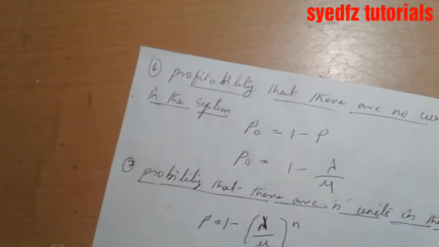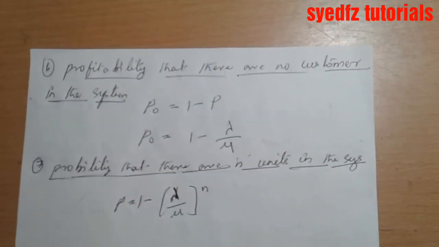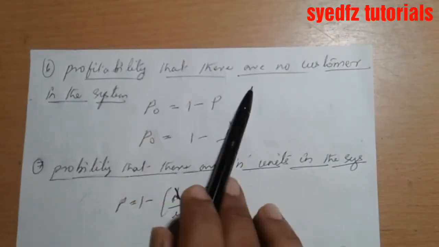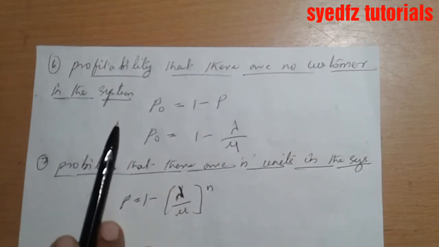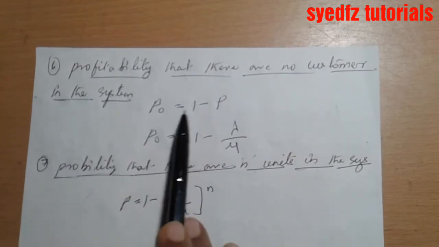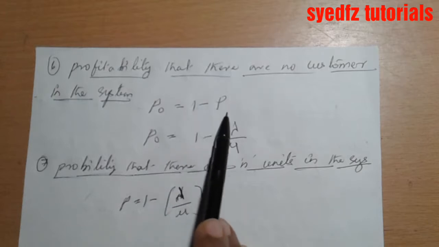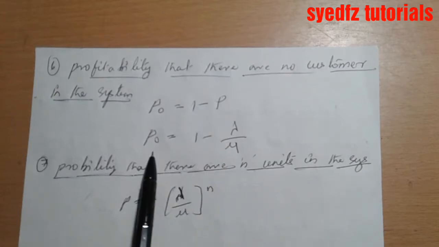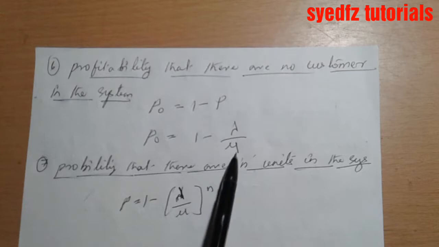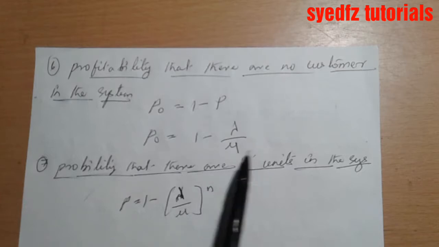And another formula, the probability that there are no customers in the system: P naught is equal to 1 minus P, which is 1 minus lambda divided by mu.